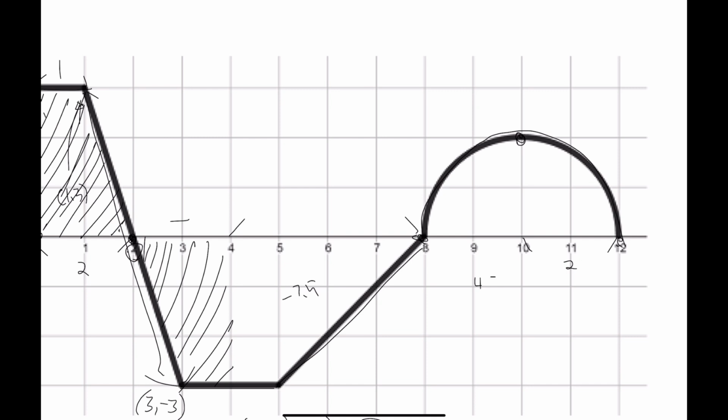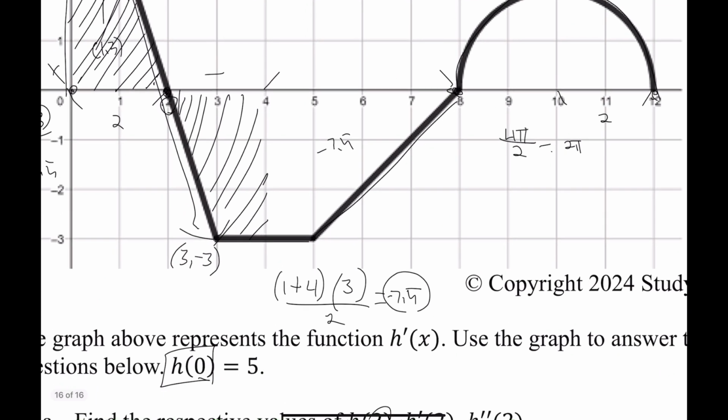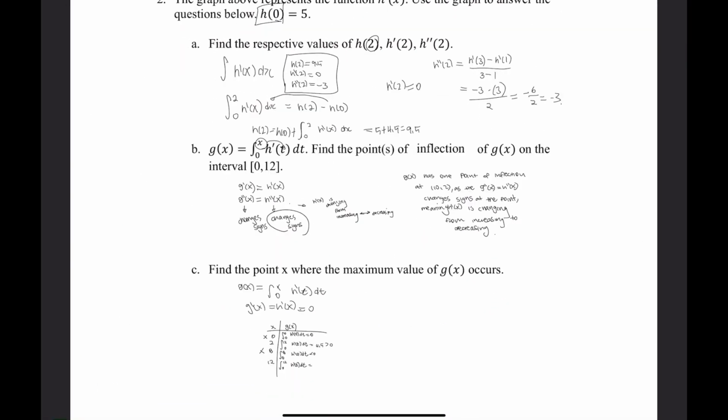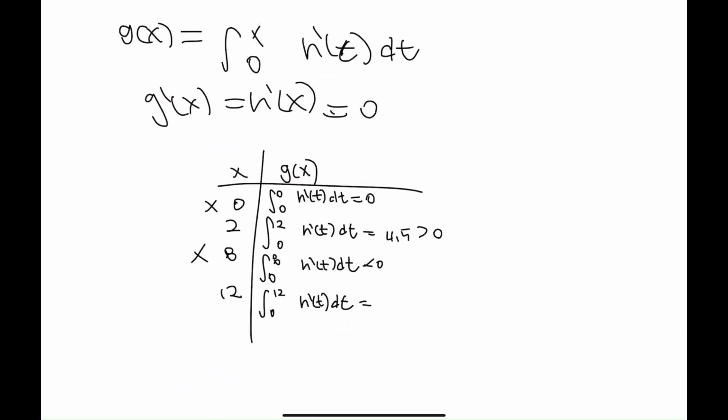Pi r squared is the area, so 4 pi would be the area of the whole circle, but it's a half circle, so divided by 2 is 2 pi. So 2 pi equals 6.28, and then minus 7.5, so that is way less than 4.5, as this one is also going to be a negative number, right?